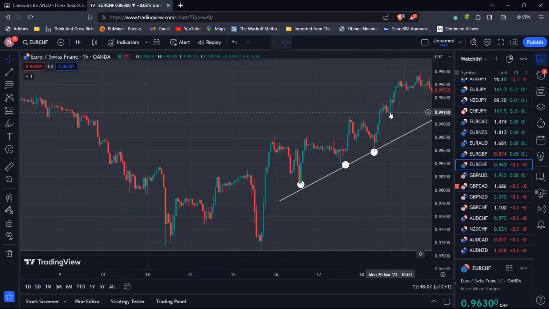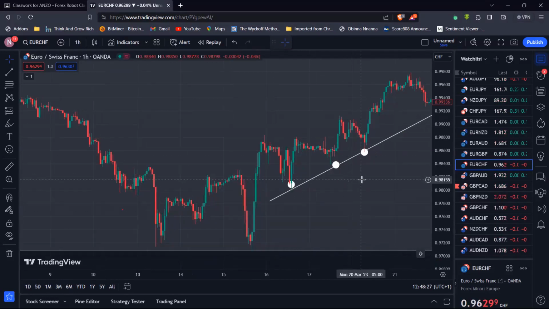Would I be buying or selling? Well, I'll be doing nothing. All I'm waiting for is for price to break this trend line. That's the first sign I'm looking for. Then the next point will be a structural shift. I'll show you what I mean by structural shifts.